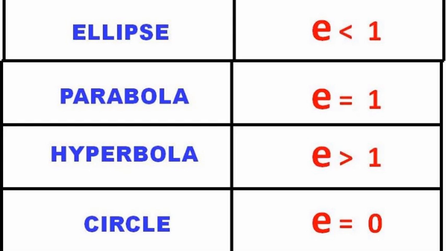The value of eccentricity e is less than 1 for ellipse, equal to 1 for parabola, greater than 1 for hyperbola, and equal to 0 for circle.